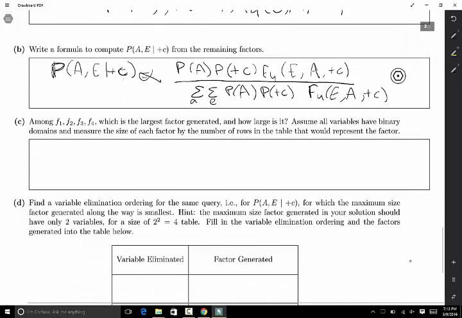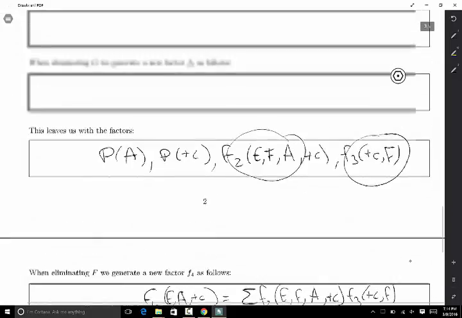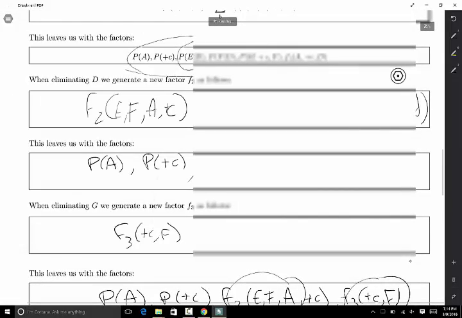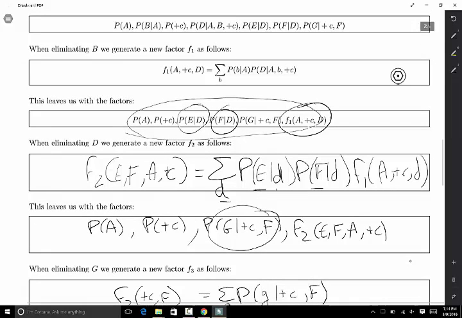Now we need to figure out which of the factors is the largest factor. So the size of the factor is equal to the size of each variable, which in this case is 2, to the power of the number of variables that are uninstantiated. So for factor 1, we have 2 uninstantiated variables.